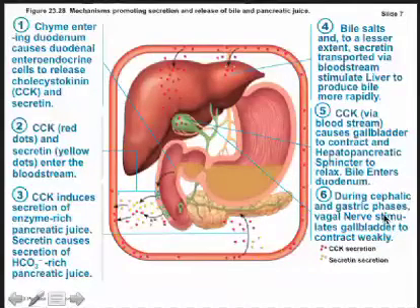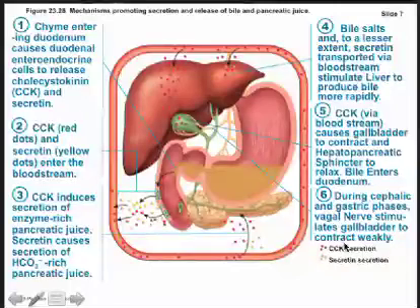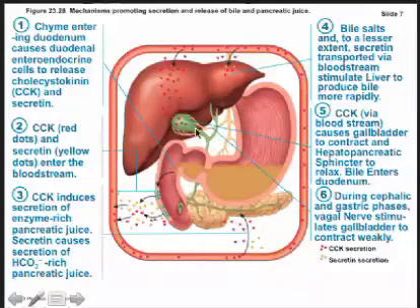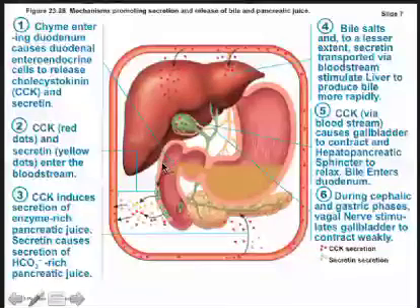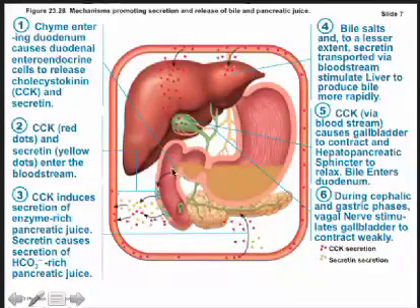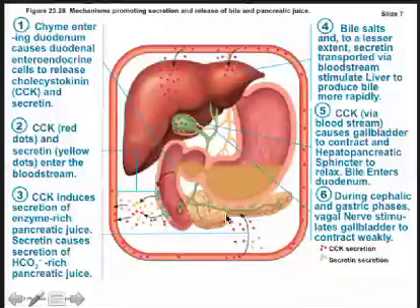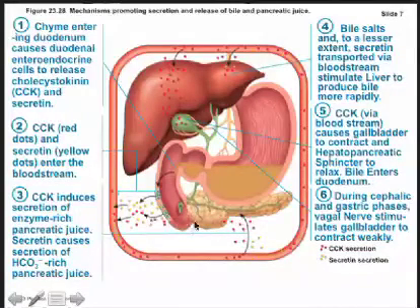In the gastric phase, the food is actually in the stomach, and this allows the gallbladder to contract weakly and allows a little pancreatic juice to enter the duodenum, and as we said, prepares this area of the GI for the entry of the chyme. When the chyme actually comes, we get a full force contraction of the gallbladder and an introduction at the same time of large quantities of pancreatic juice.